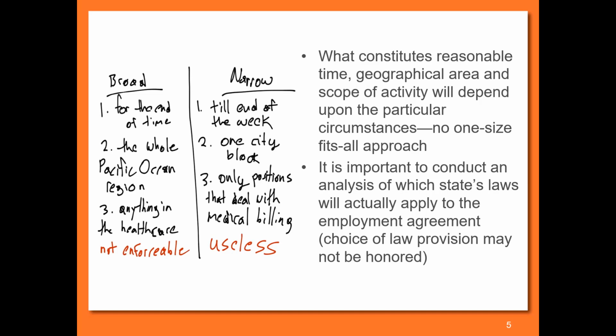Some will say if it's overbroad, it's just going to be found to be unenforceable completely. Other states, such as Texas, will revise it and reform it to what the court thinks is reasonable. However, that can limit some of the contractual damages that can be associated with a breach of the agreement.